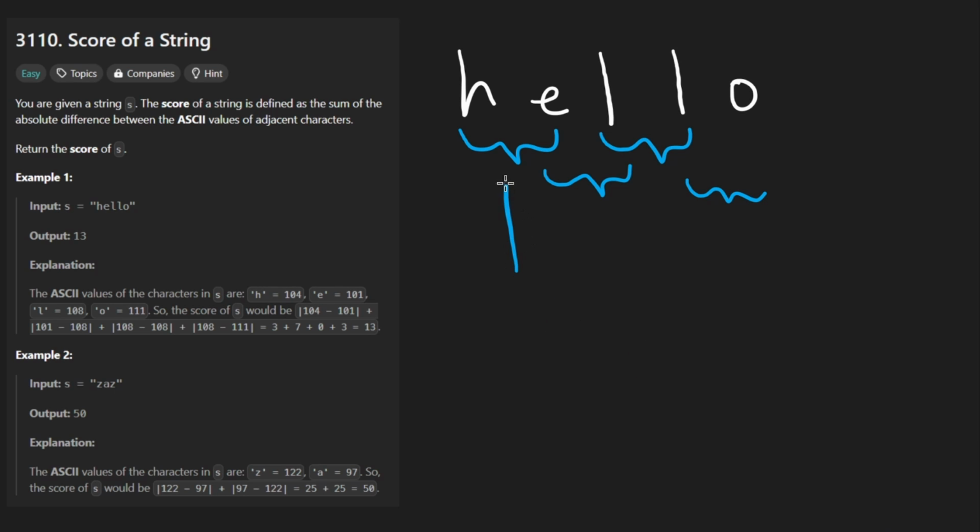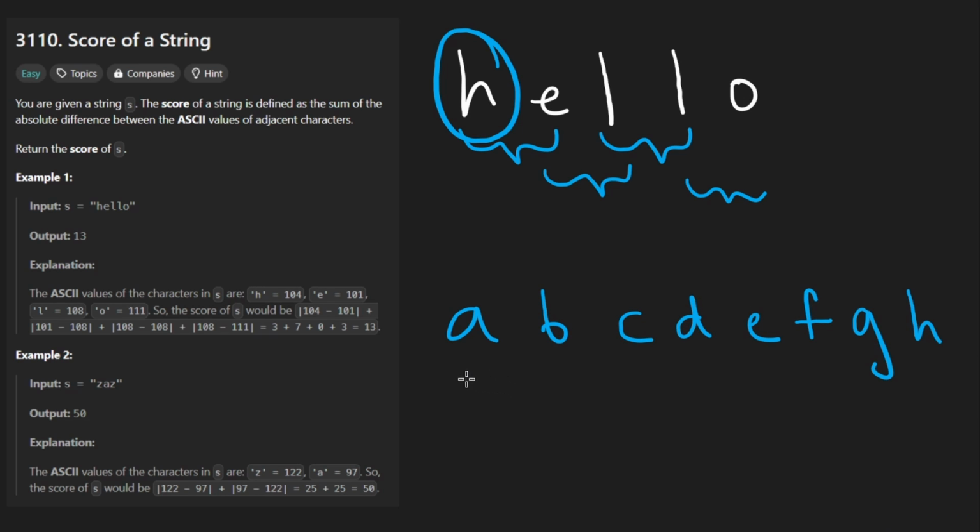Now for each pair, getting the ASCII value of a character is pretty much a built-in function. So H, for example, is 104 in terms of ASCII. E is 101. Now, if you have no idea what this means, just think of it like this. You have a bunch of characters like in the alphabet.